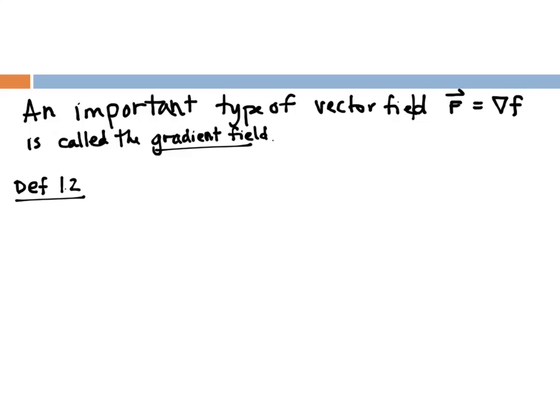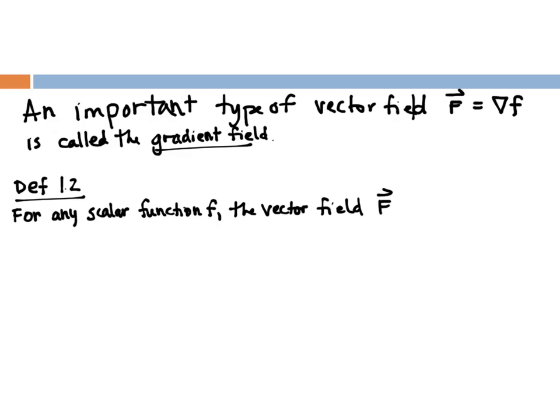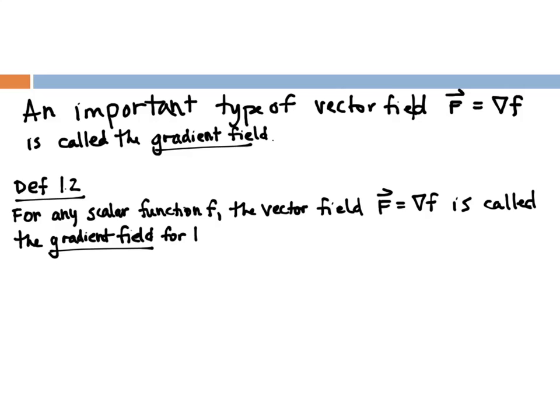For any scalar function f, the vector field that we just defined above is called the gradient field for the function f.